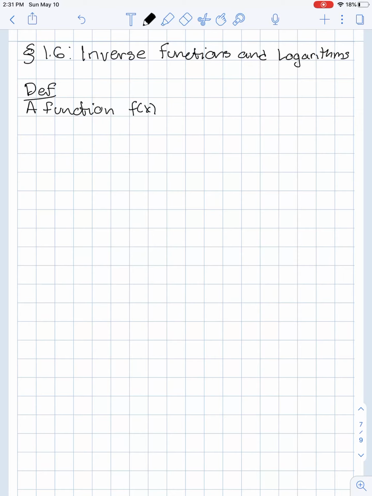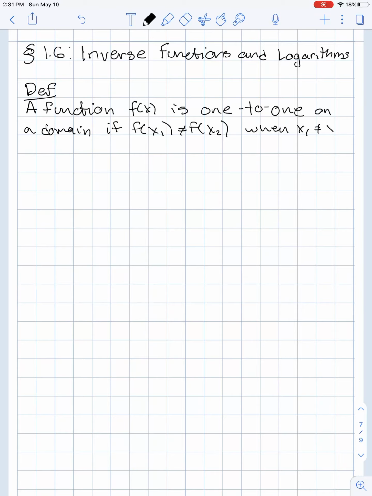So a function f of x is 1 to 1 on a domain if f at x1 does not equal f at x2 when x1 does not equal x2 in the domain.